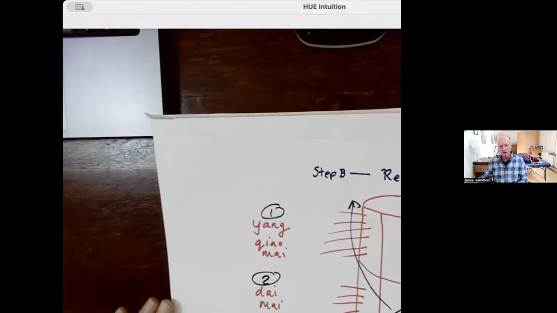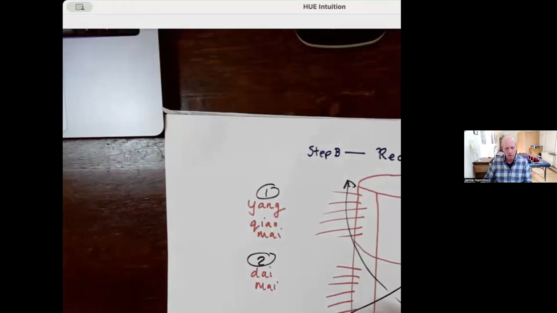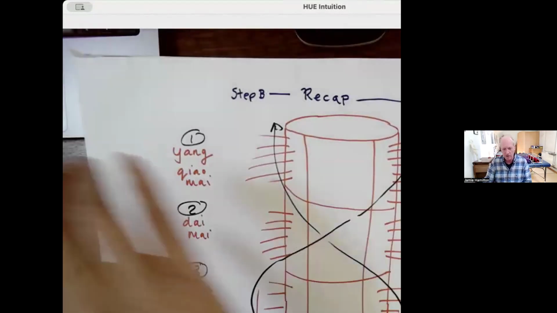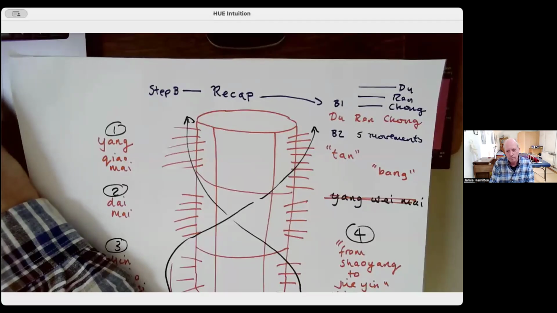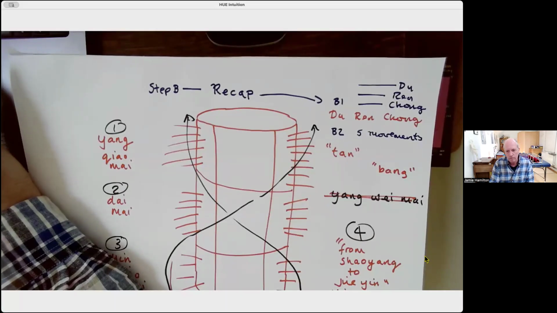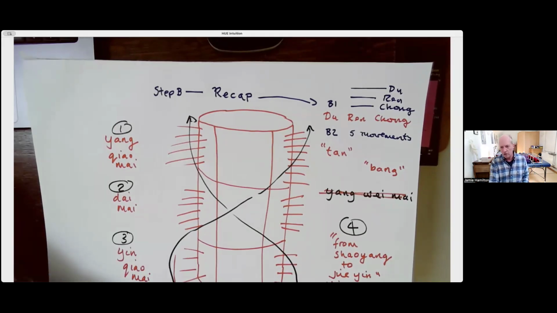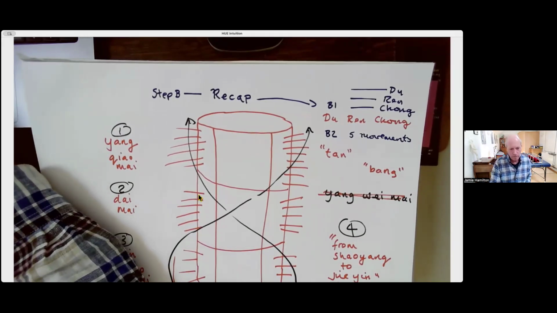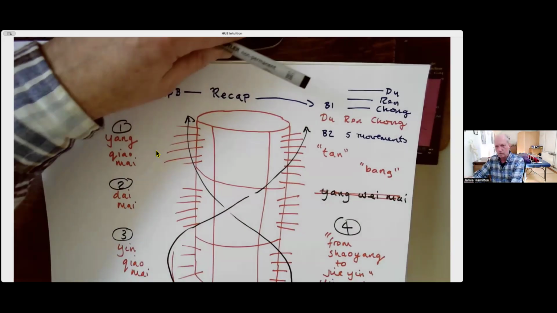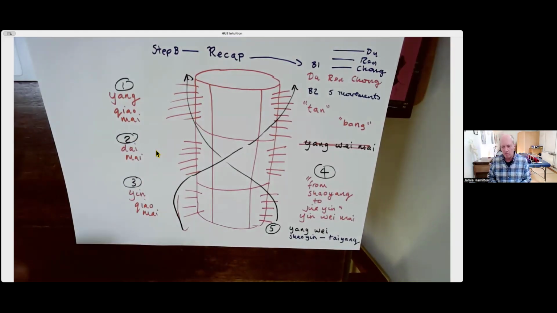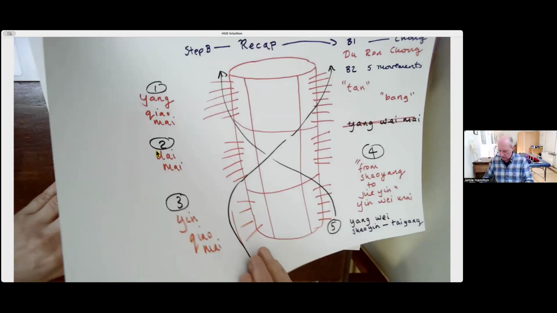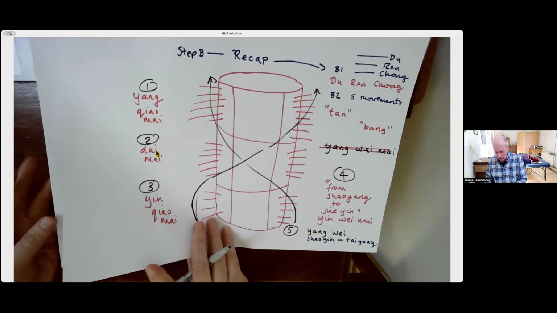Okay, so now what are you seeing? Oh yeah, okay, that's fine. So let's say we were looking at, in fact, let's just go back, I'll start with a new piece of paper.